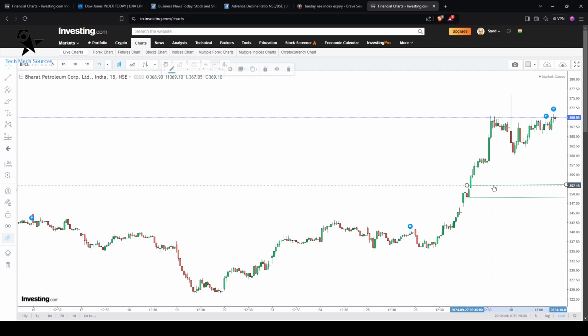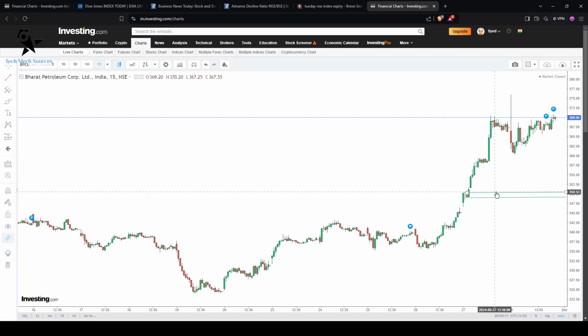And this candle ended at the top here at 350. That means it did not breach the high of yesterday, that is Friday, and it did not breach the low of Thursday, right? So you cannot decide on the basis of this.